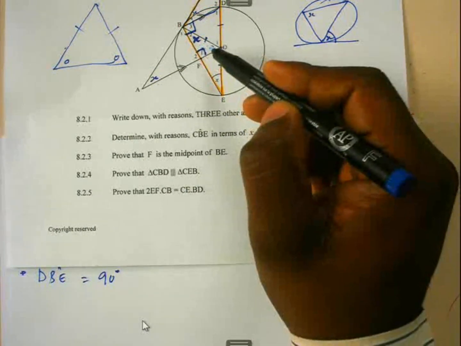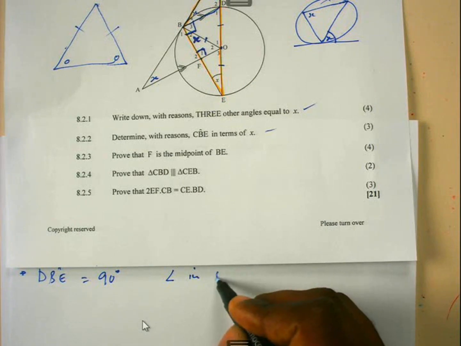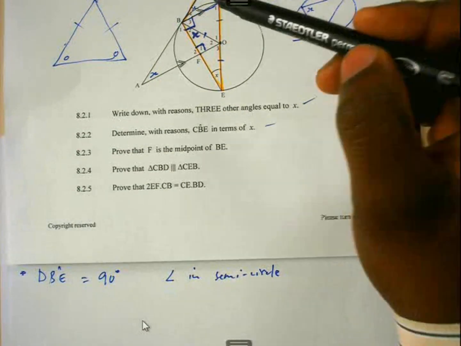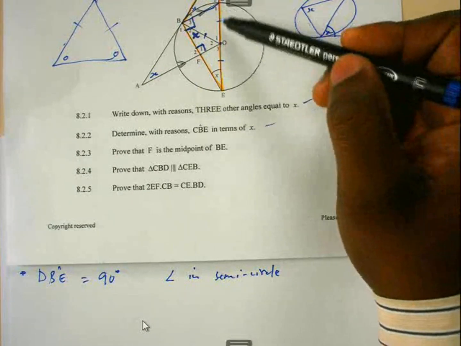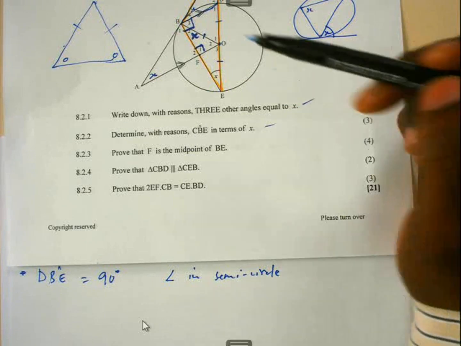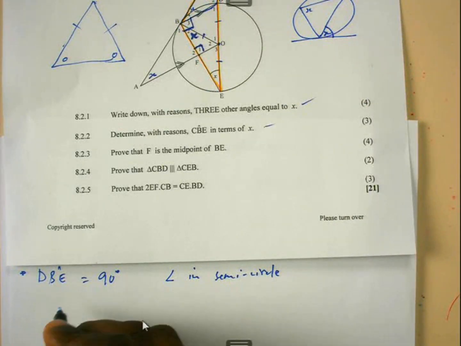Why is it equal to 90 degrees? Because this angle in the semicircle is subtended by the diameter. Since this one is a diameter, that becomes a 90 degree angle.